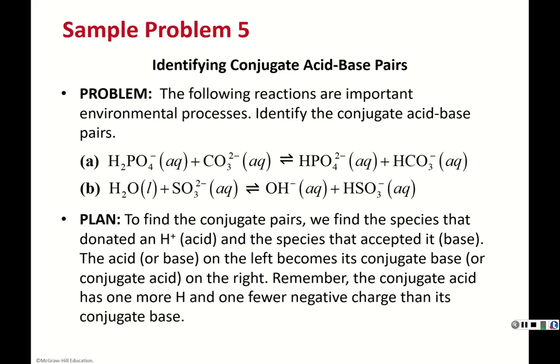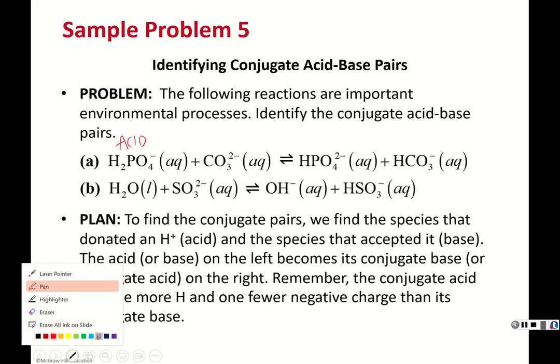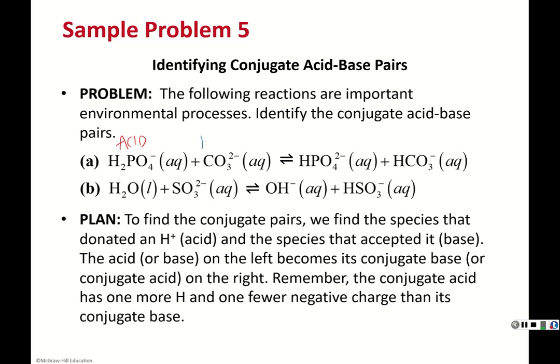So you see that it goes from H2PO4- to HPO4 2-. So we're losing a proton. So by definition, this is our acid in that direction. That would mean CO3 2- is our base.